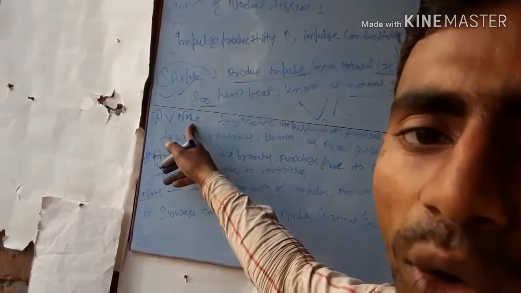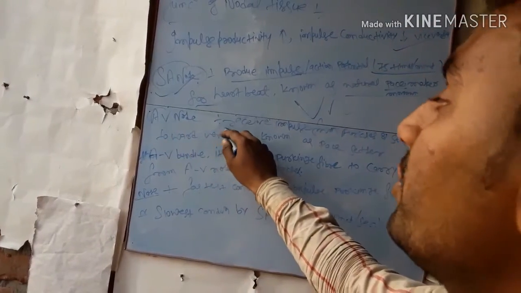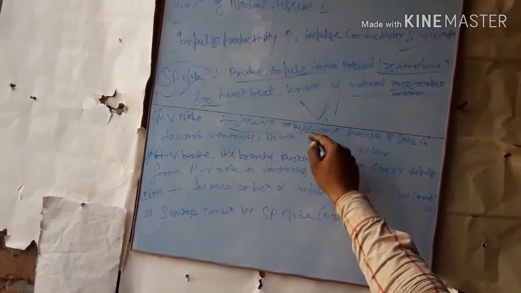The auricular ventricular node receives impulse.